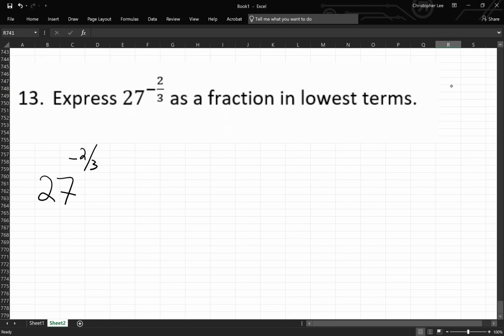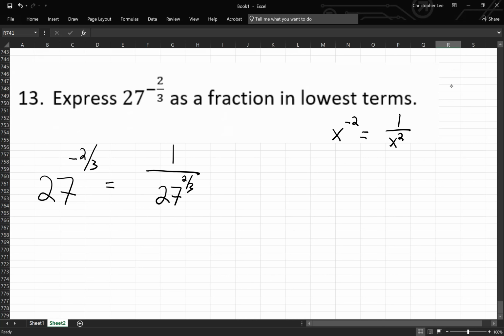For example, let's say I have x raised to the negative 2 power. That's going to become 1 over x squared, just like that. Same thing's going to happen here. This is going to become 1 over 27 to the 2/3 power. So notice it went down into the denominator and it became positive.